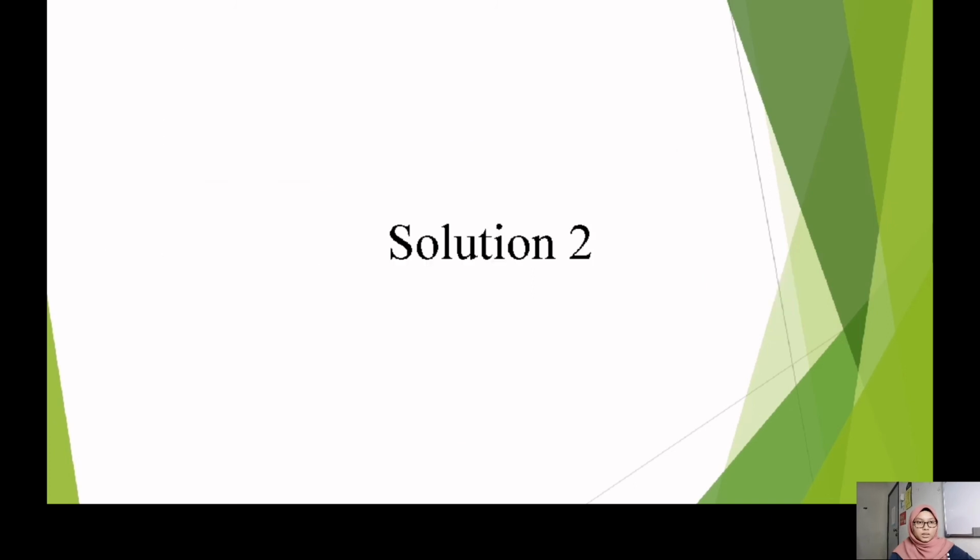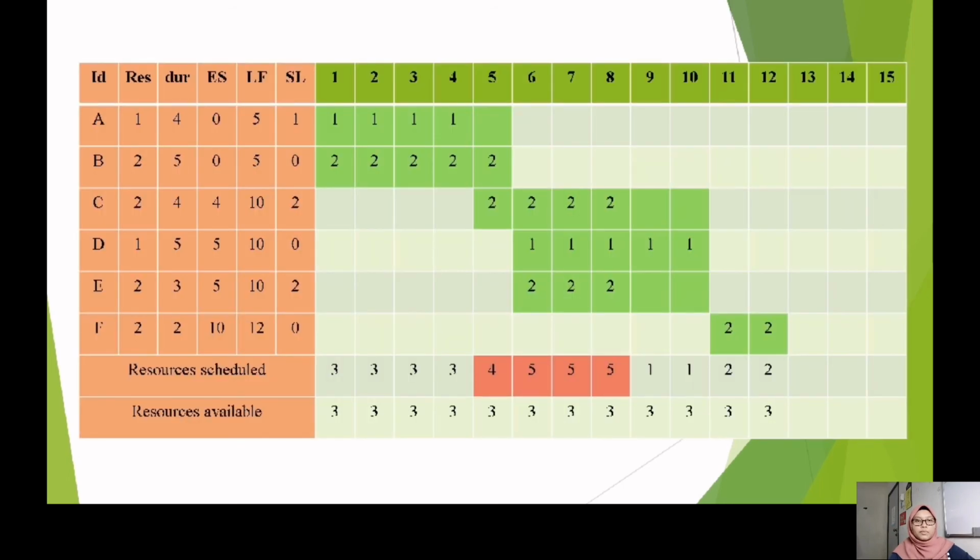Moving on to the next slide, I will show you another solution to this problem. The first step is the same as Fairuza explained earlier: we fill in the ID, the resource per person, the durations, the early start, the late finish, and the select, and we fill in the resource for each day until day 12, and as you can see we exceed the resource available.